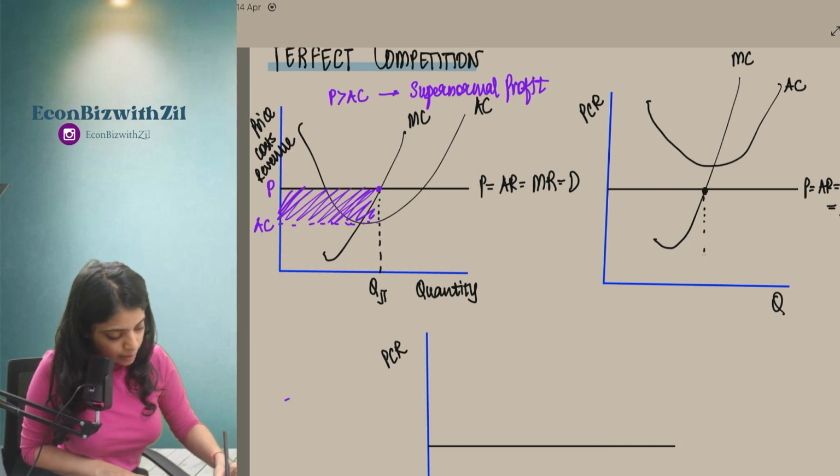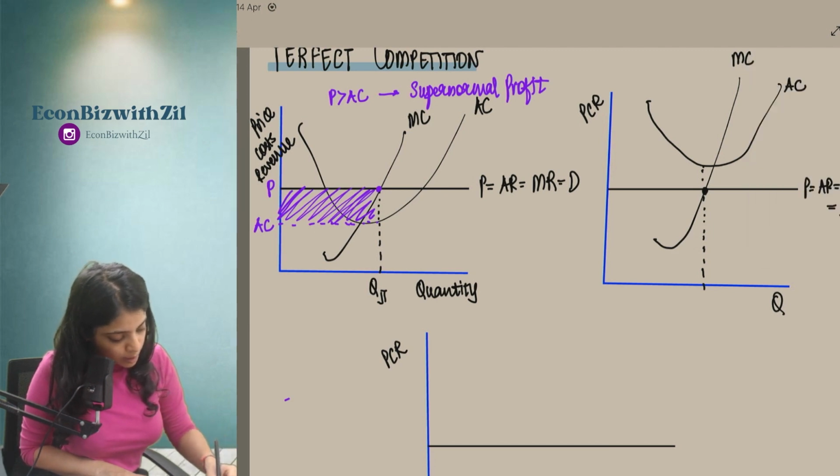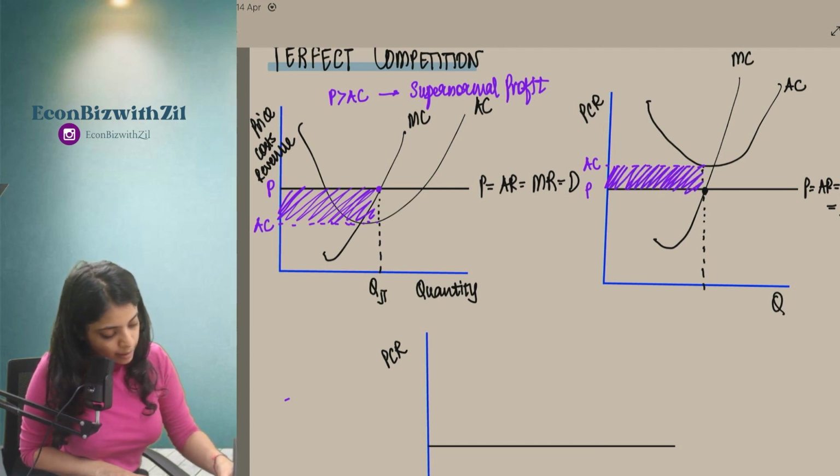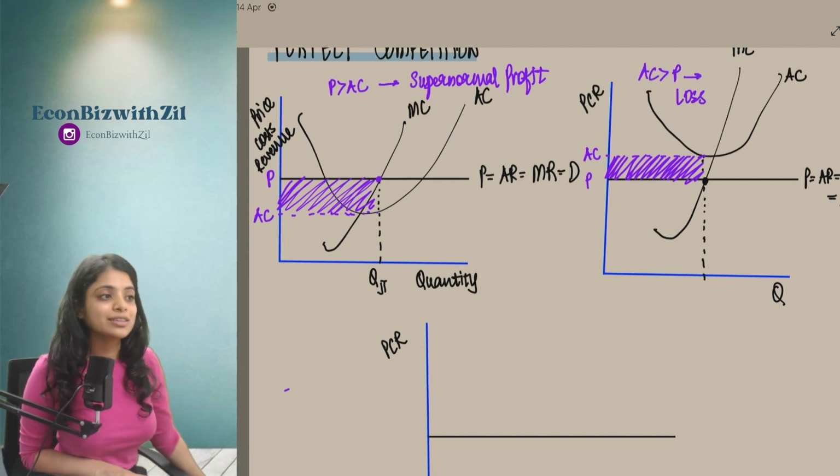I extend it upwards too. This is where it is cutting my AC, so this is my AC, and this is where it cuts P. This entire region is my loss because AC is greater than P. So what I see is a loss.